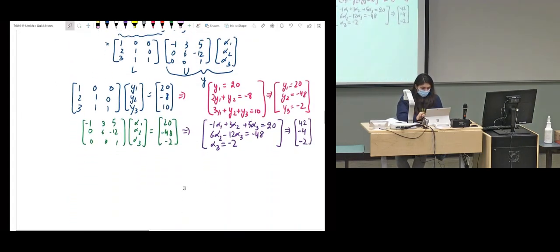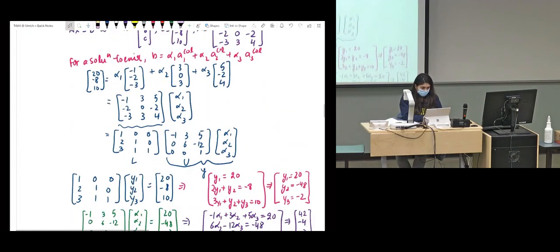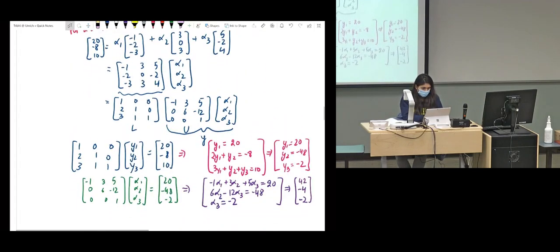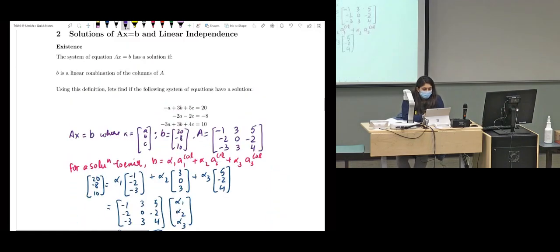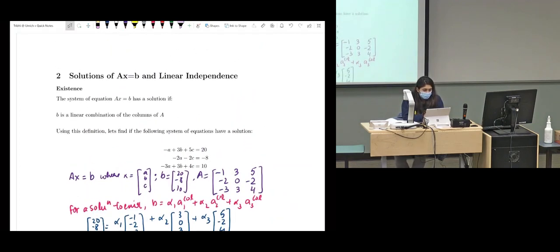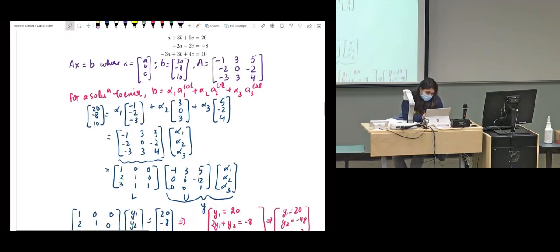And now that you've found a solution and you've written down B, if these values are correct, as alpha 1 times different columns of A, you can say that the system of equations has a solution.